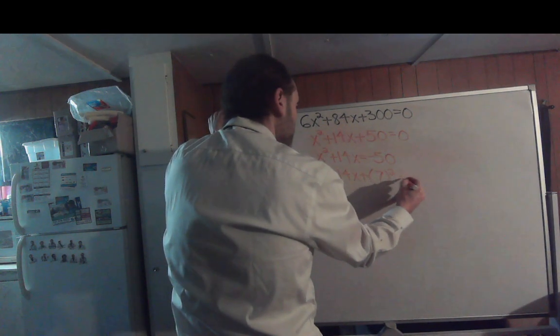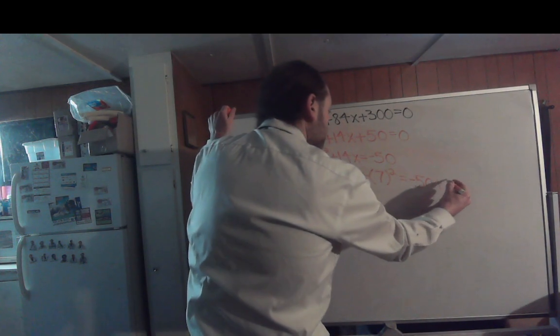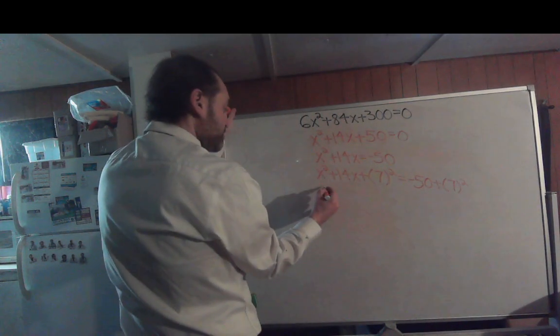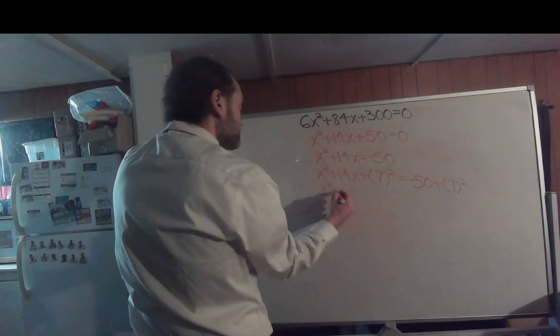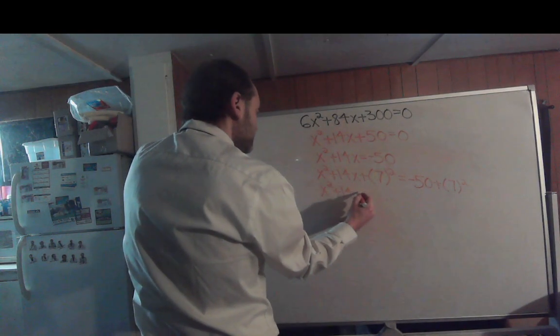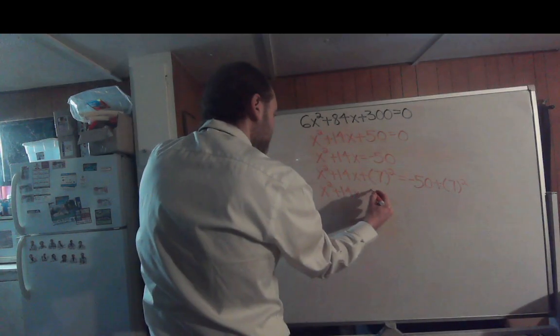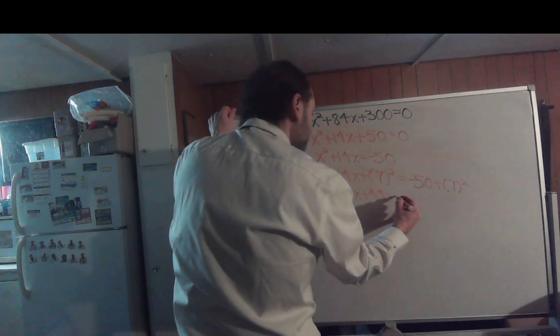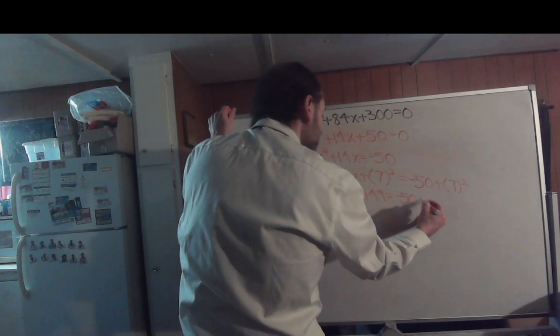That's 7, but raise that to the second power would equal negative 50 plus that 7 to the second power, which would turn into x squared plus 14x plus 49 is going to equal negative 50 plus 49.